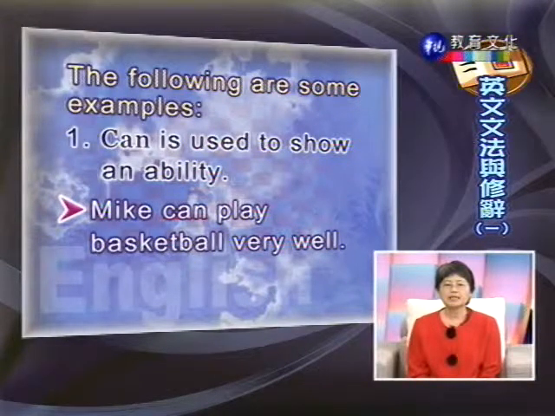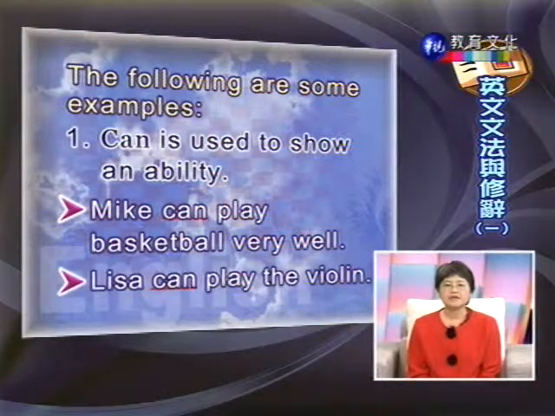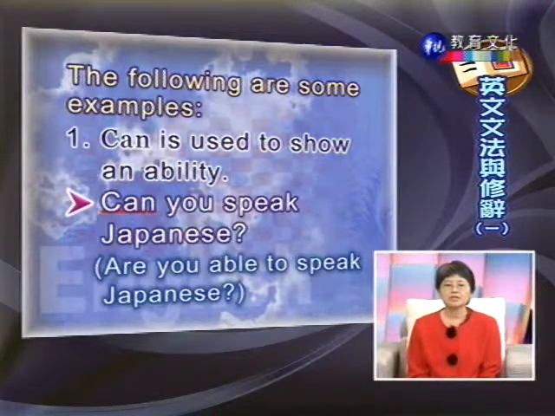Mike 他篮球打得非常好,can 是能力。Lisa can play the violin. 丽莎她会拉小提琴,这也是一种能力,用 can。Can you speak Japanese? 同样也可以用 Are you able to speak Japanese?